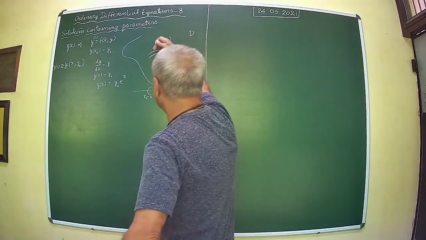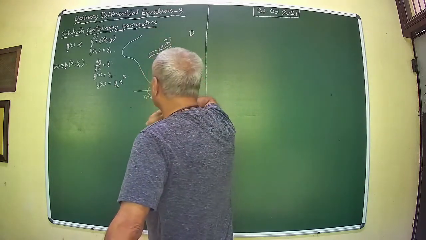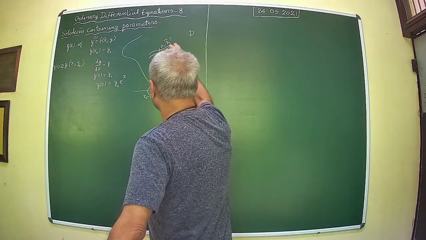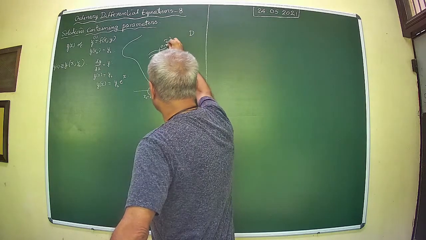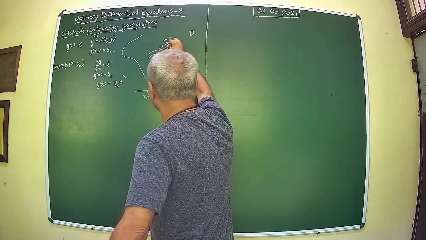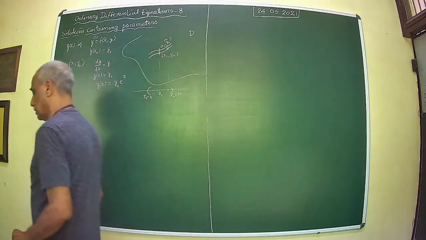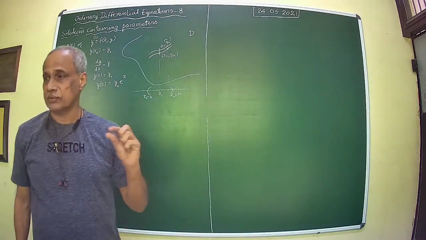And what is the error that you incur? Suppose you want to compute y at a particular x. This is the actual value that you are expecting, but what you would be computing will be this particular height. Are they close enough? Once your initial data is close enough, are they close enough?